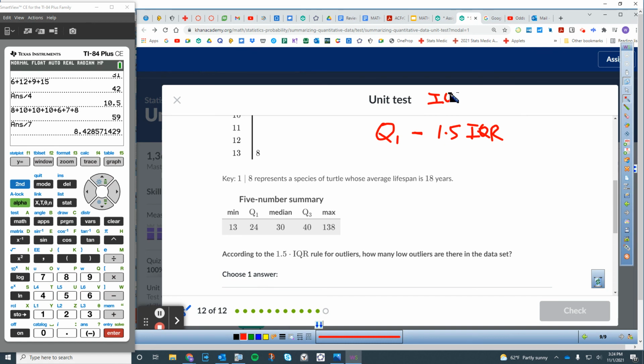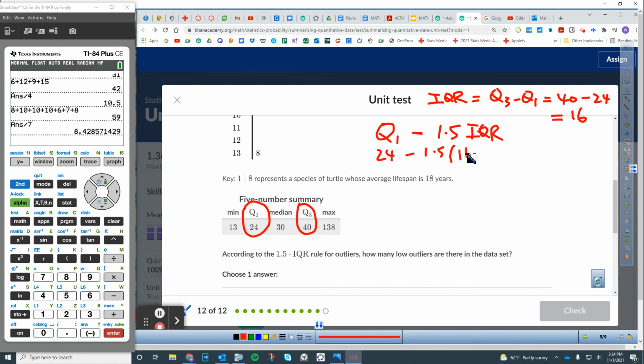So I need to figure out the IQR. IQR is Q3 minus Q1. From the data here, Q3 is 40 minus Q1 is 24, and that gives me 40 minus 24 is 16. That means Q1, which is 24, minus 1.5 times 16.